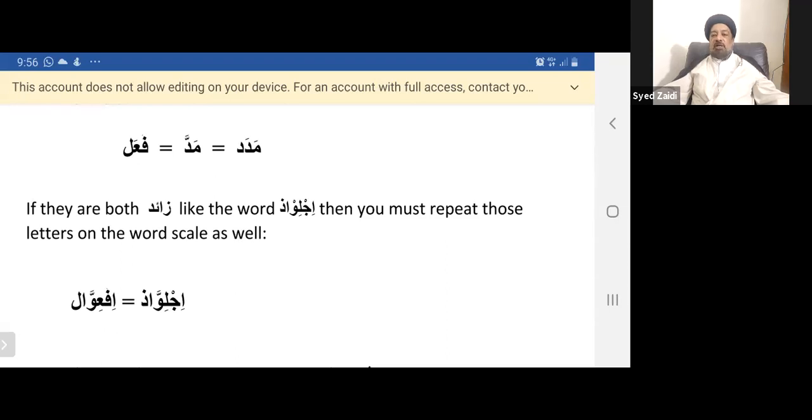So what do you do in this case? You go back to this root word and you say fa'ala instead of madda, because what you have done with madda is you have opened up this word. You see the tashdid sign. When you read in Qur'an, you will also notice that when Arabs write sentences, they don't write this tashdid there.